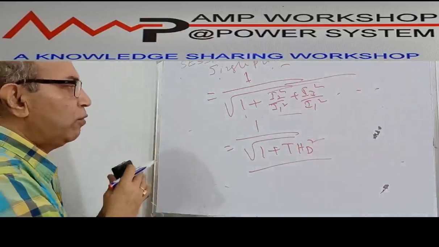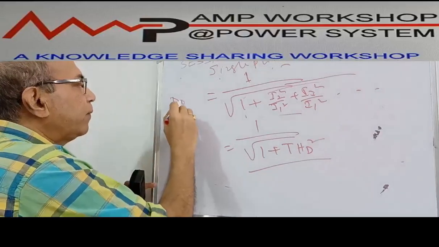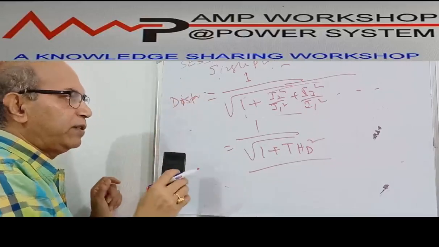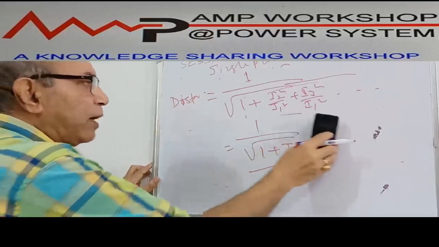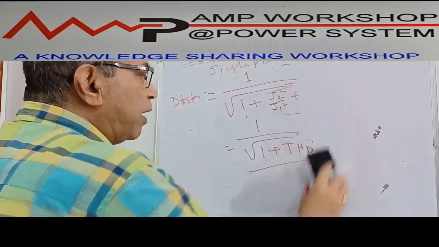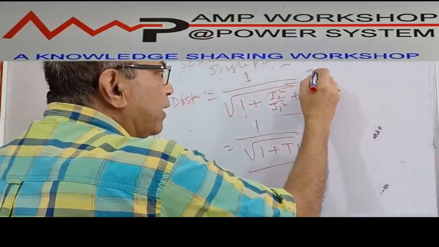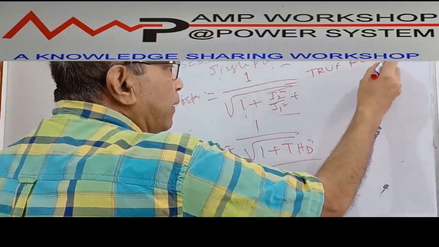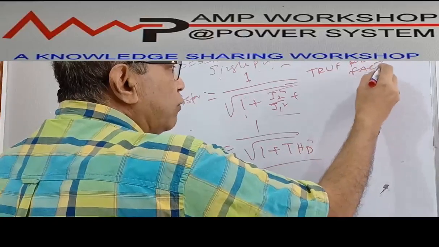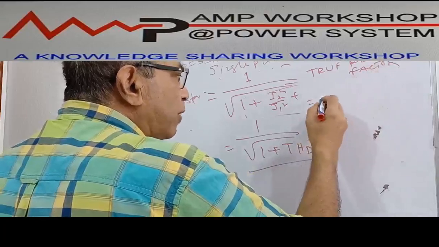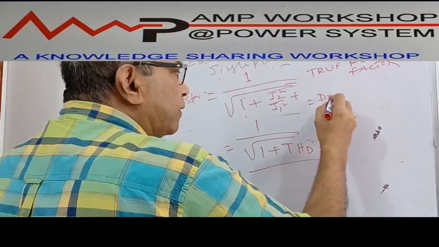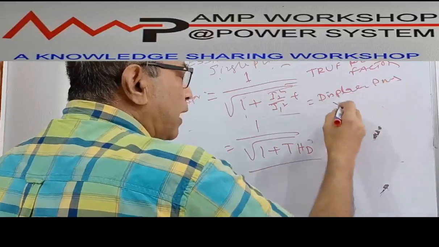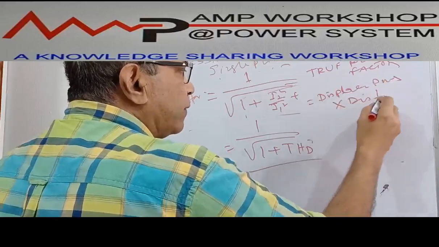So now with these two, the distortion power factor and the fundamental or displacement power factor, if we multiply them, we get the true power factor, which includes the fundamental as well as the harmonics. The true power factor equals the displacement power factor multiplied by the distortion power factor.